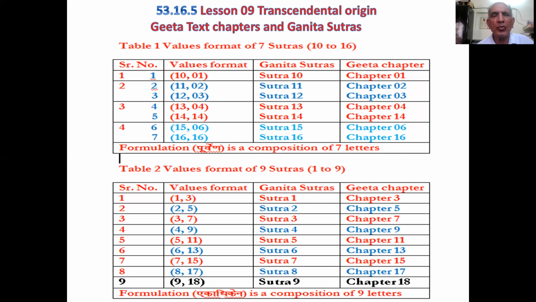Let us now visit the first part of the table. This table is of 7 steps. Sutras 10 to 16 are being correlated with the respective chapters of Srimad Bhagavad Gita.